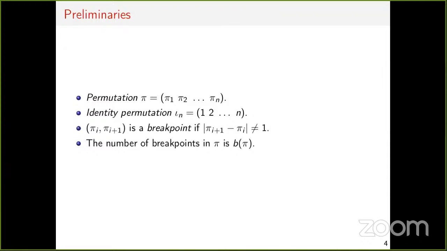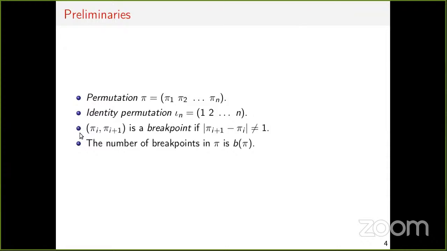The identity permutation, iota n, is a permutation where the elements are sorted in ascending order, in this case, 1, 2, up to n. Two elements that are consecutive in the permutation pi make a breakpoint if they are not consecutive in the identity permutation.